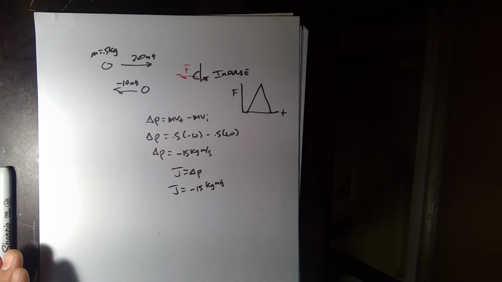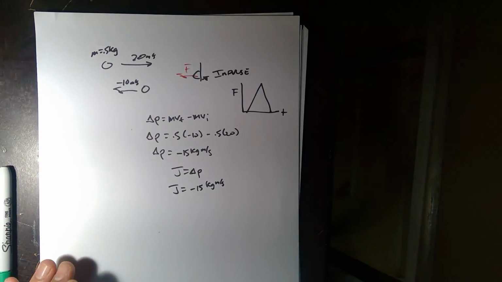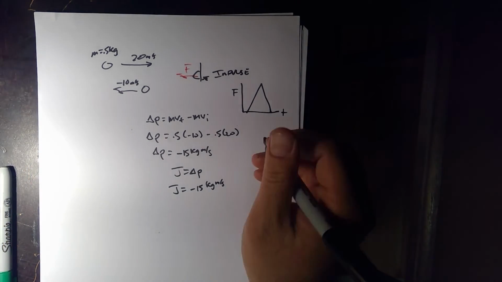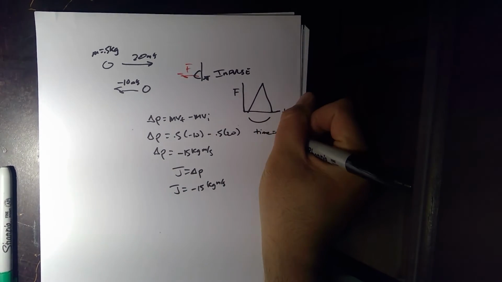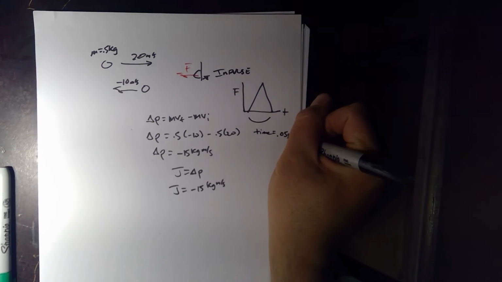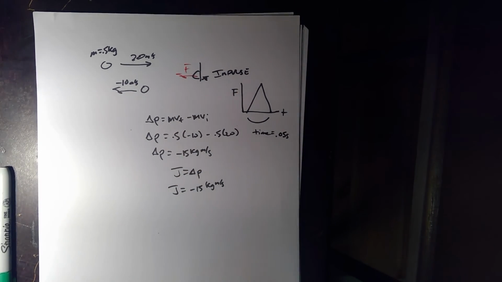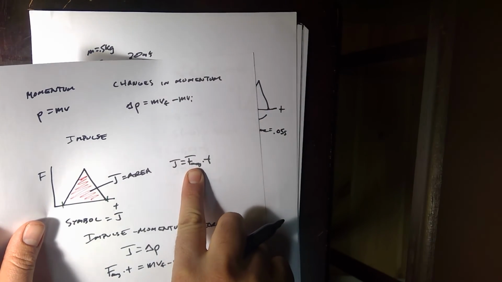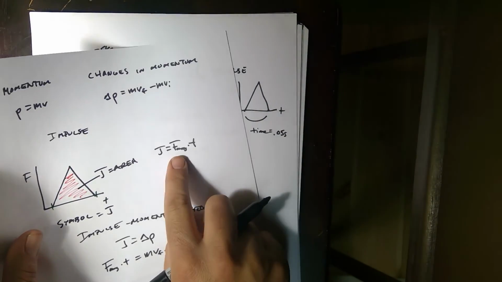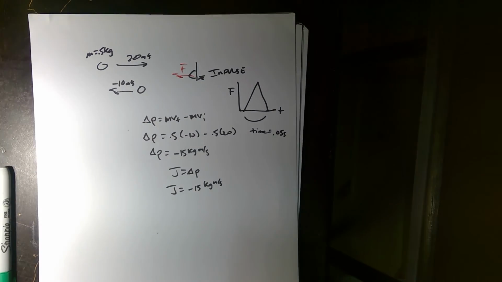Now, had I given you a collision time, then you can start to calculate the force. So let's just say that this time right here was a very short 0.05 seconds. Once you have that, then you could look at this aspect of it and solve for what that force is.